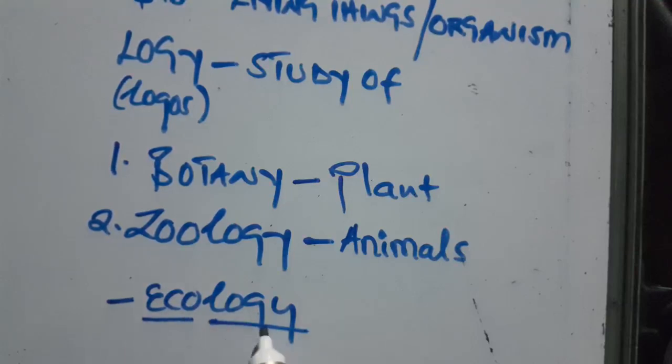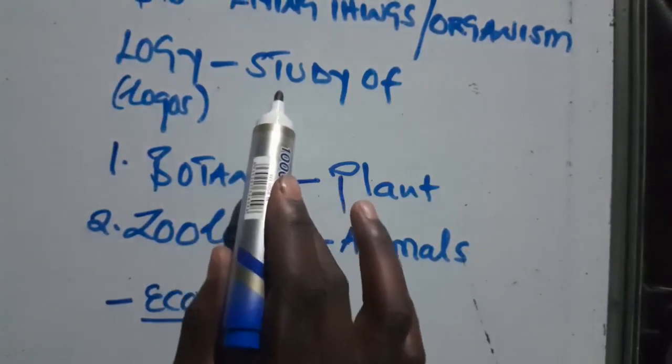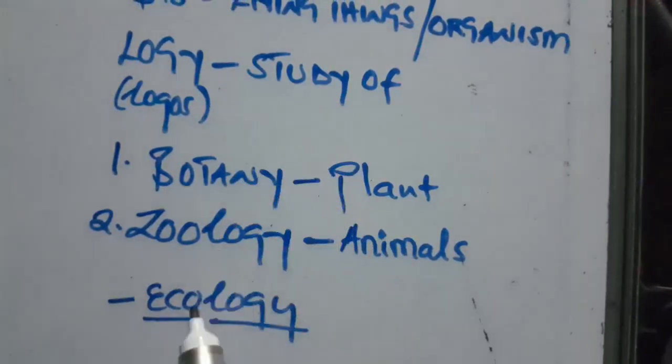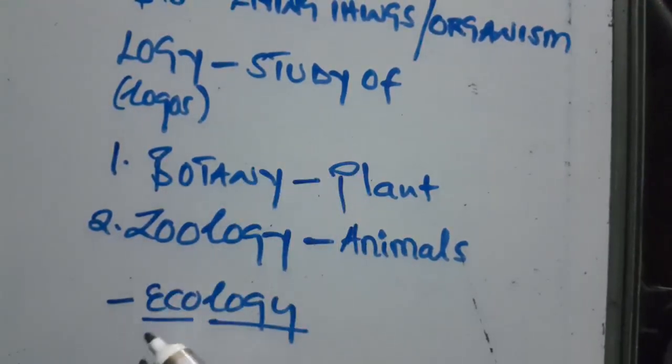Logy, we understand, means study of. But what is the meaning of eco? The word eco means relationships. So this branch of biology seeks to study the relationship of living organisms, be it plants or animals, in relation with the environment.